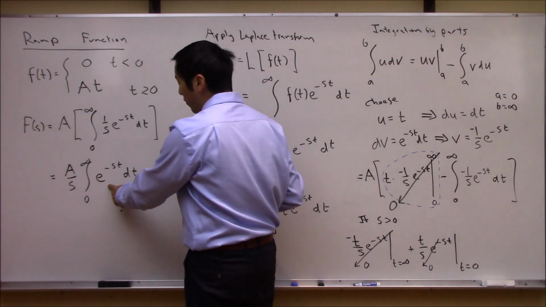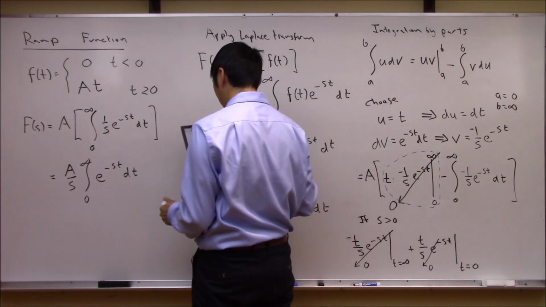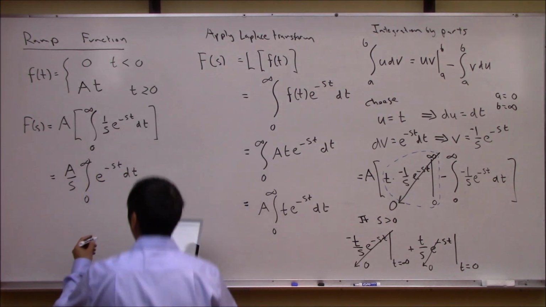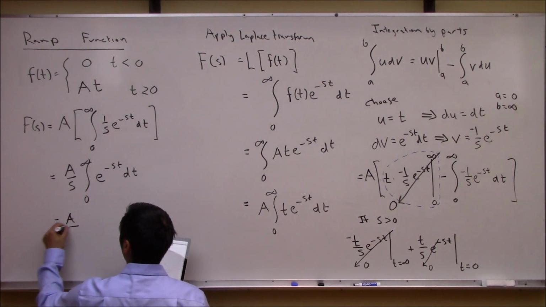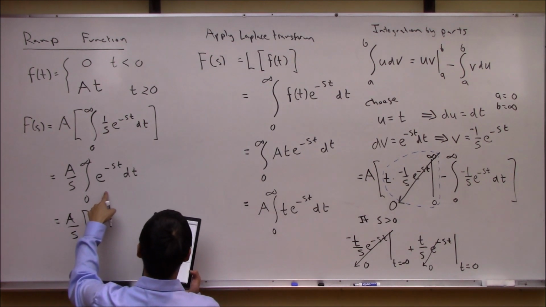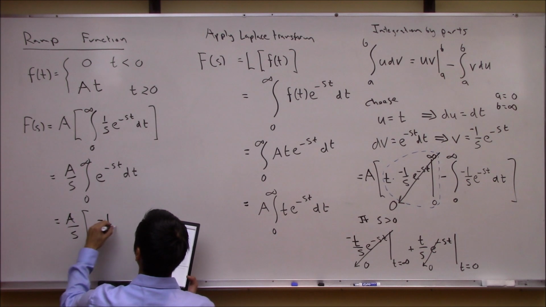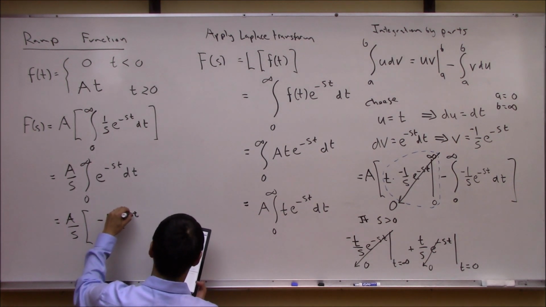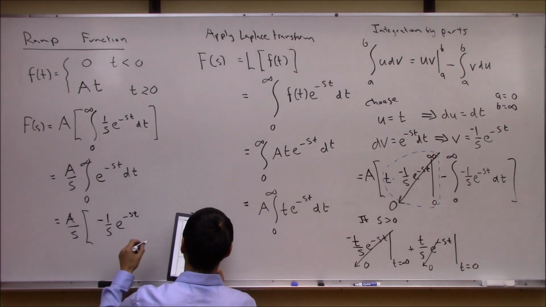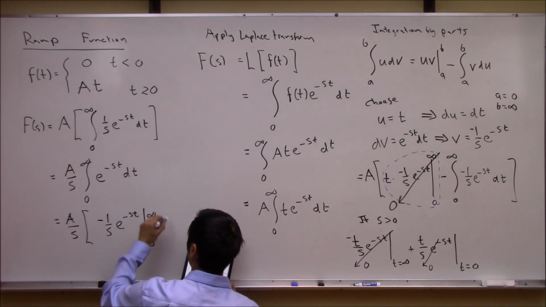You know what? We've done this a couple of times already, right? This is just an integral of e to the minus st, so let's just go ahead and do this. We get minus 1 over s e to the minus st, right? I think so, yep. Evaluated between the limits of 0 to infinity.